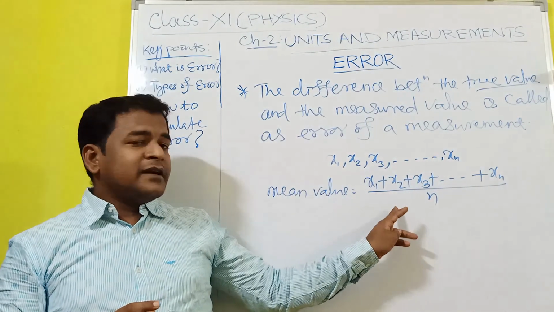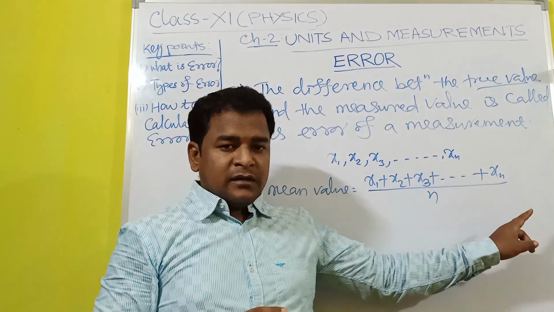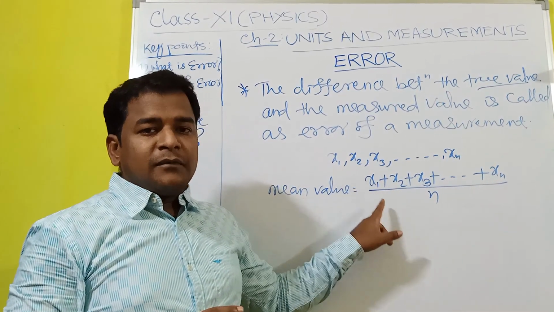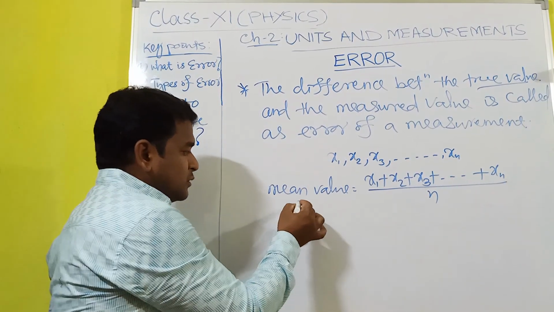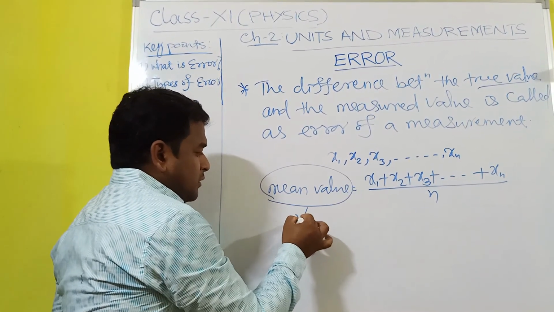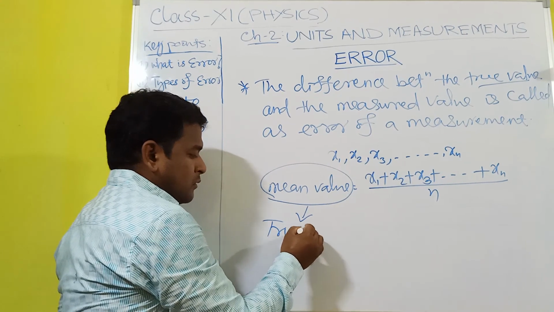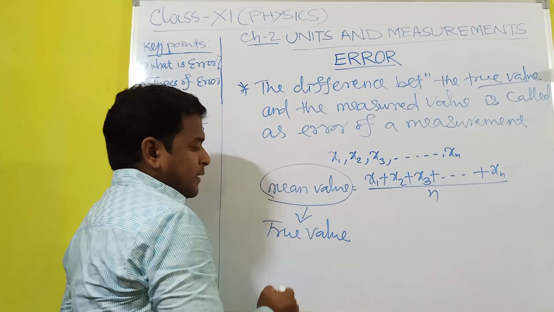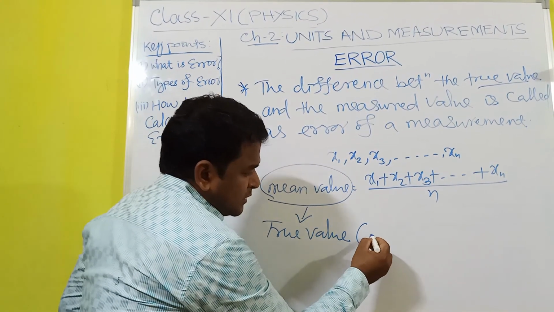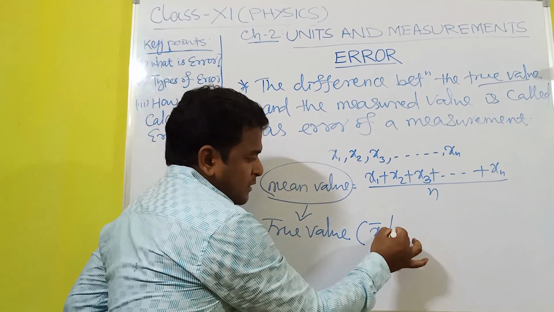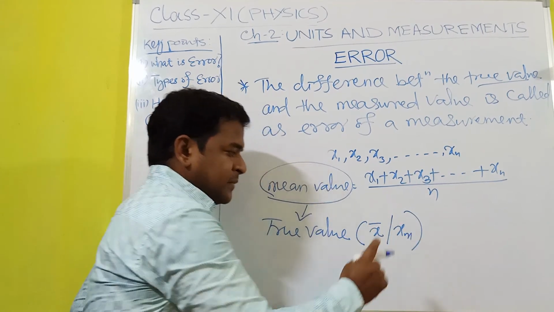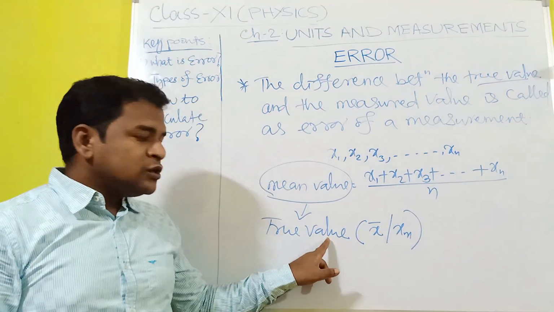The mean value we have determined using this formula. This mean value is known as the true value, represented as x bar or xm.